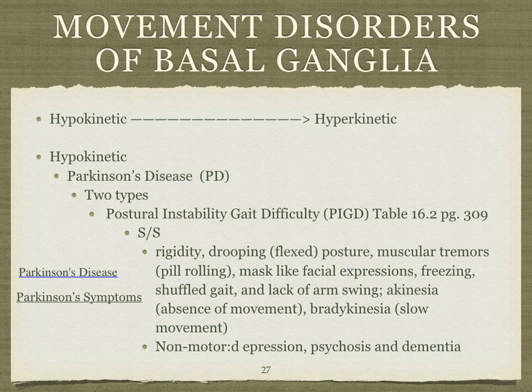They have a lack of an arm swing. You won't see that reciprocal pattern. Akinesia is another word that's associated, which means an absence of movement, or bradykinesia, which is slow movement. So on the PowerPoint, if you want to pause, please go watch the two videos, the Parkinson's disease and the Parkinson's symptoms.